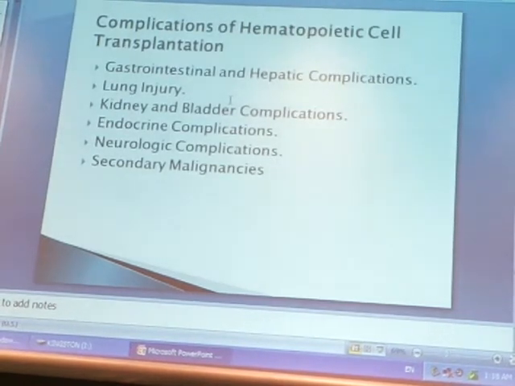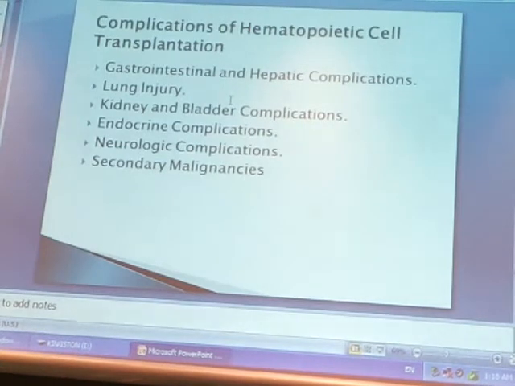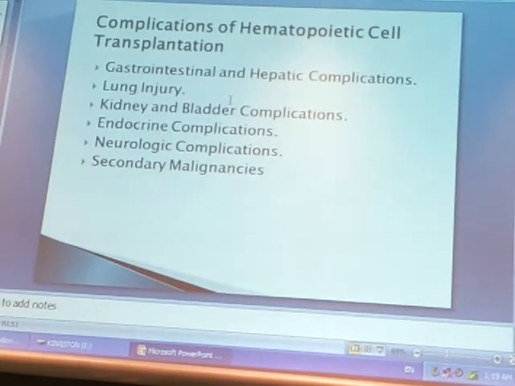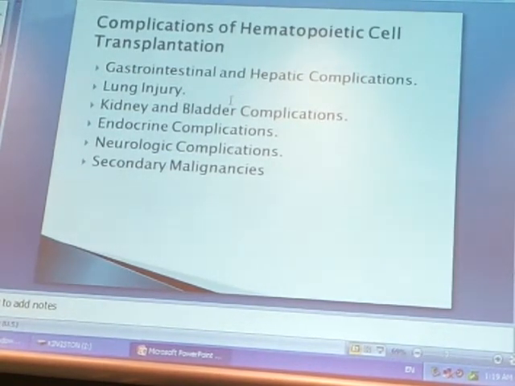But the failure rate of treatment is high. For acute leukemias, the cure rate is probably around 40%. For lymphomas with autologous transplant, the cure rate for Hodgkin and non-Hodgkin is around 30 to 40%. So it's not always a cure or a success story. Some patients will relapse soon after transplant.